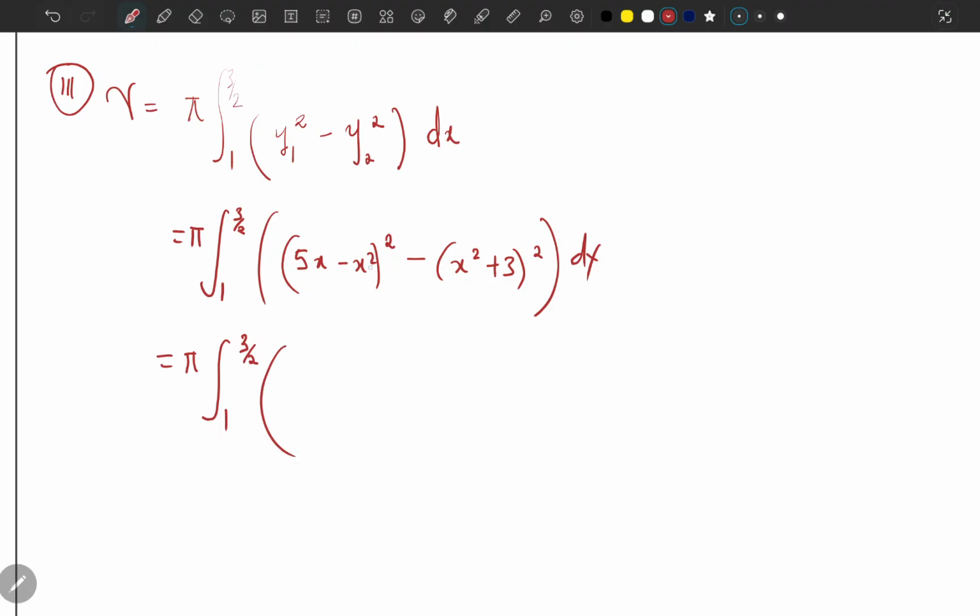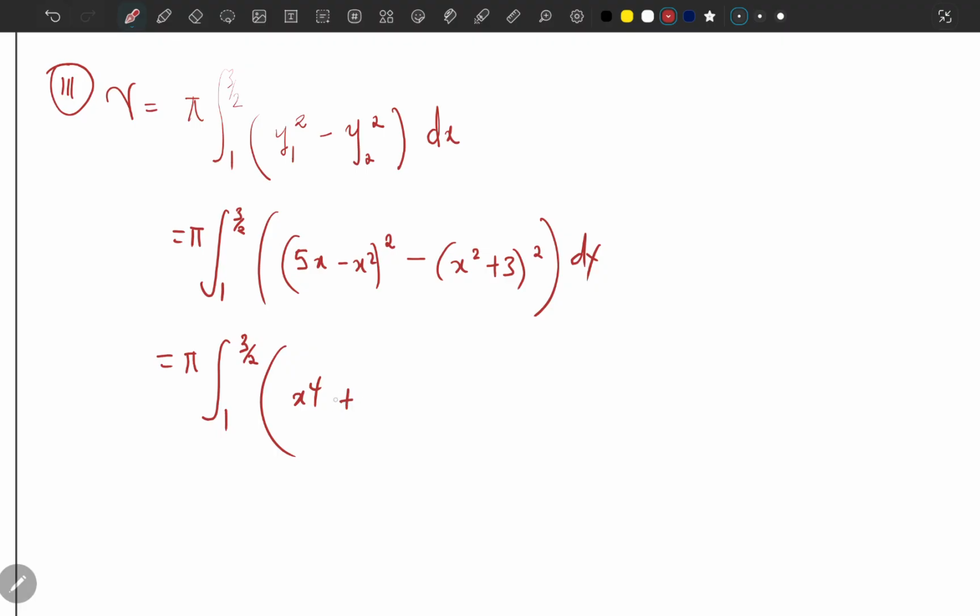You square 5x minus x squared, you'll be getting, there should be x to the power 4 somewhere there. Yes? Then squaring 5 times x squared, right? Then we double it, so that will be 5x cubed.